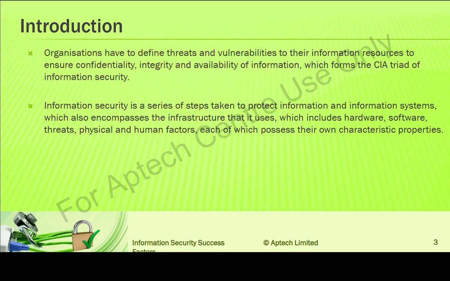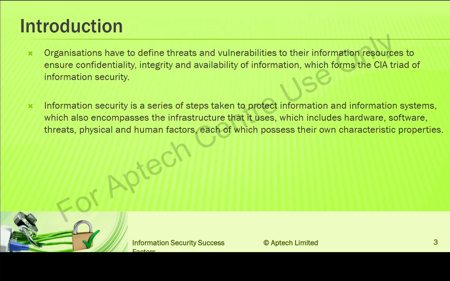And then information security is a series of steps taken to protect information and information systems, which also encompasses the infrastructure that is used, which includes hardware, software, threats, physical and human factors, each of which possesses its own characteristic property.